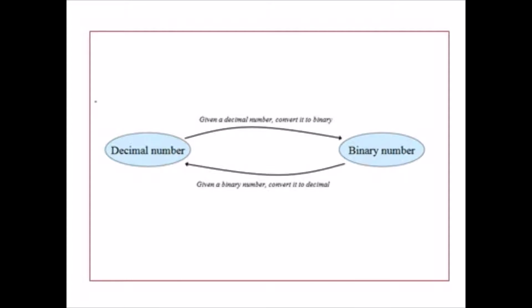Hence, a decimal number can be converted to a binary number and the binary number can be converted back to a decimal number. So in the compilation process, the computer takes the decimal number and converts it to a binary number, and during the execution process, the binary number is converted to a decimal number and the numerical or textual character form is taken as output.